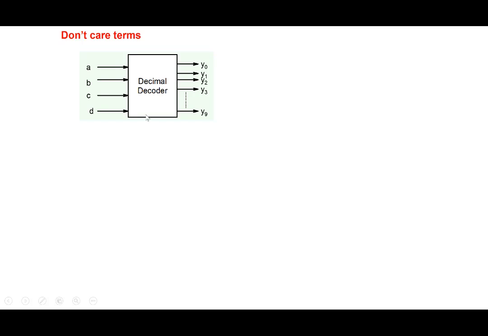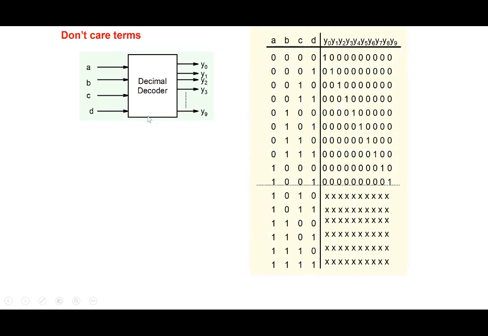Now let's introduce a concept which is called a don't care term. Just to illustrate what this concept is, consider the following circuit, which is called a decimal encoder. In a decimal encoder, you have a binary number A, B, C, D, and it's being encoded into 10 bits.